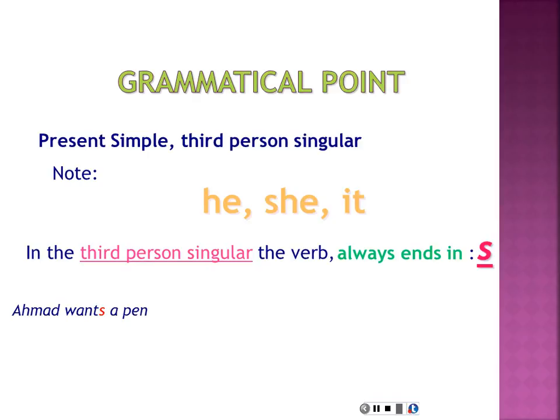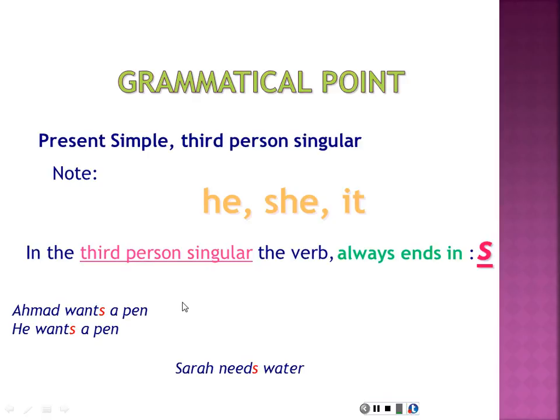Ahmed يريد قلما. So this is the first example. We can say he wants a pen. هو يريد قلما. He wants a pen. So he replaces Ahmed. As we said, a pronoun can replace a noun. So he replaces Ahmed. This is the first part of the examples.